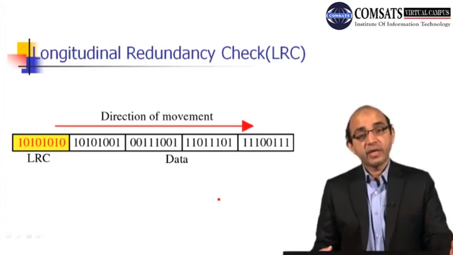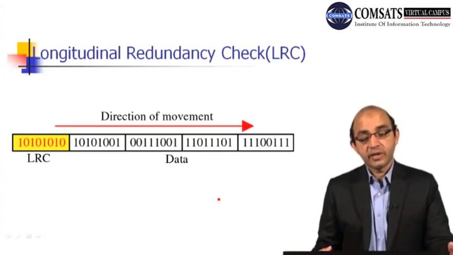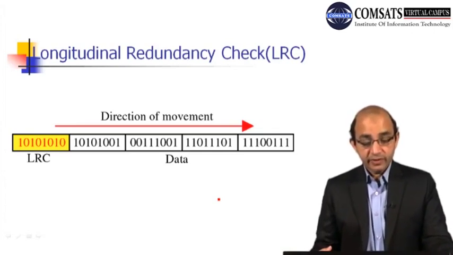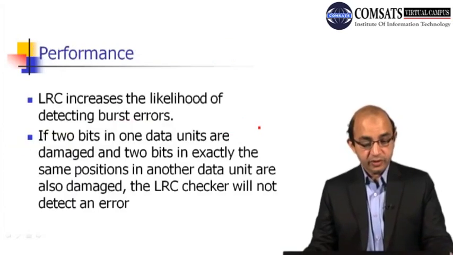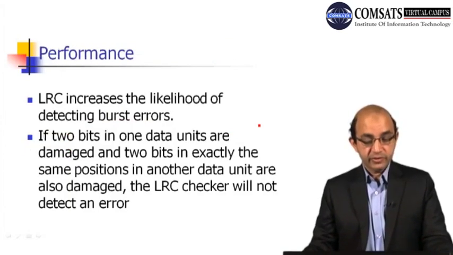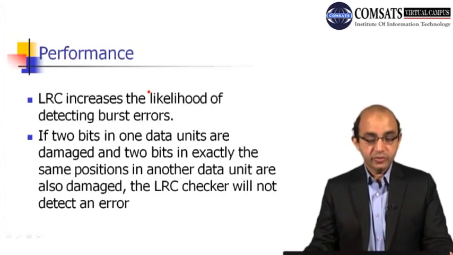And then we can have longitudinal redundancy check, LRC. So you can see that we have the LRC, longitudinal redundancy check, and this is the extra bits that we have added alongside this data. So this is the direction of movement of the data.